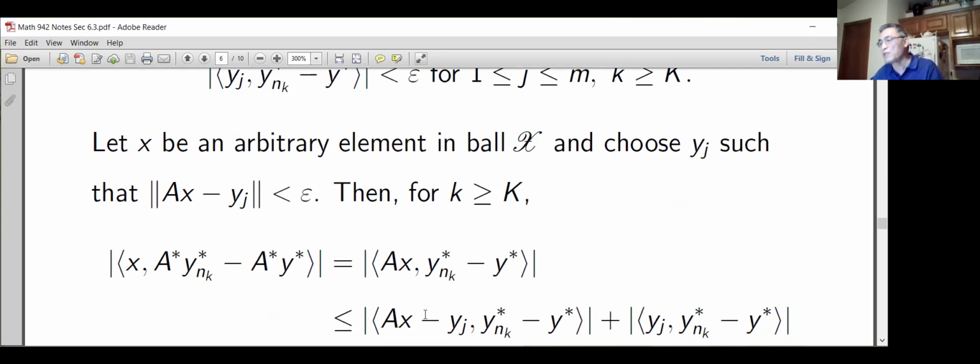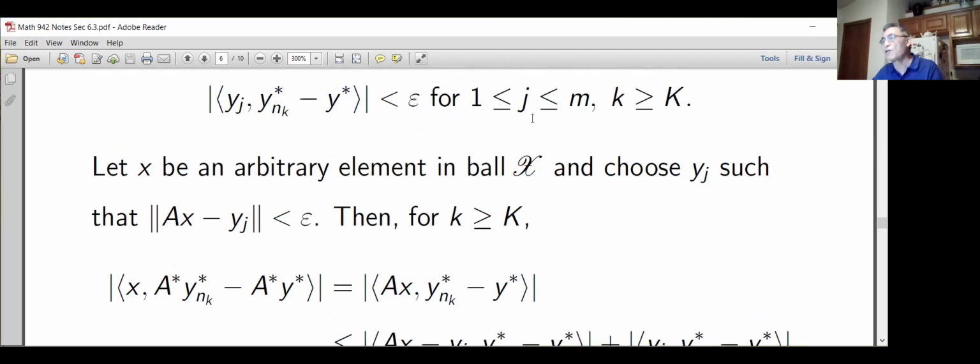This term is small because this norm is less than epsilon, which means this vector is small, so this pairing is small. And this one is small because this is less than epsilon for all j from 1 to m and k greater than or equal to big K.